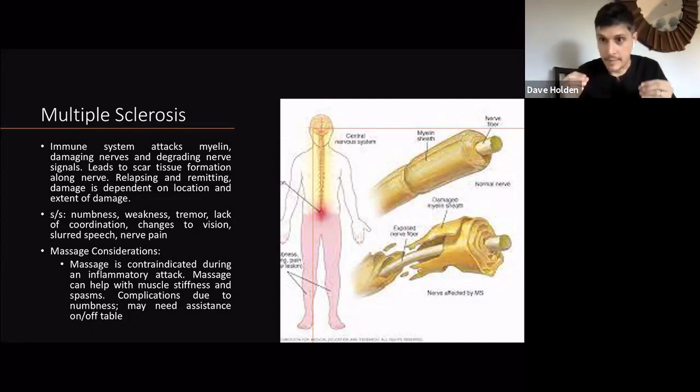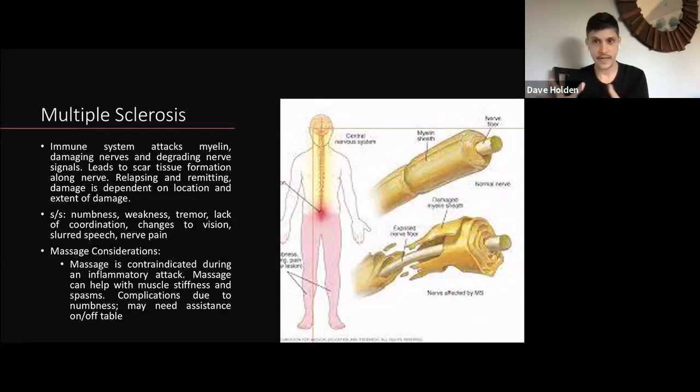Now, back to the topic at hand. As the scar tissue forms along the nerve, what we see with a pattern with this is periods of relapse and remission, or we say in the South, it comes in spells. So you'll have spells where the inflammation is getting severe. There's a lot of nerve pain.